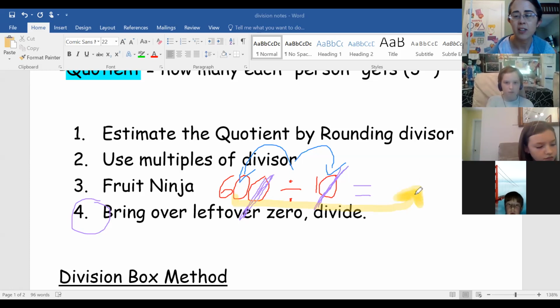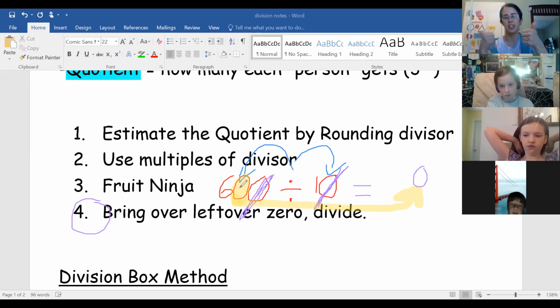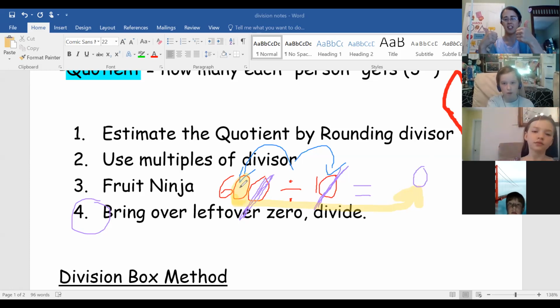So the Fruit Ninja helped us, but there's still the leftover 0 that did not get chopped by the Fruit Ninja. You see it in yellow? You guys can see the leftover 0 in yellow, yes? Yes. Okay.